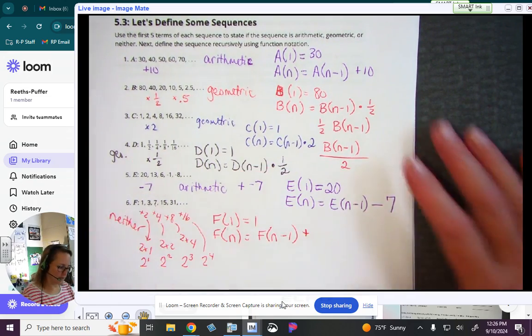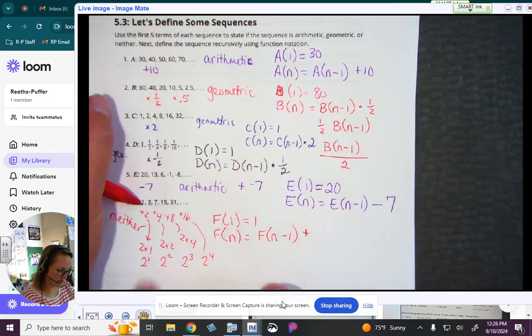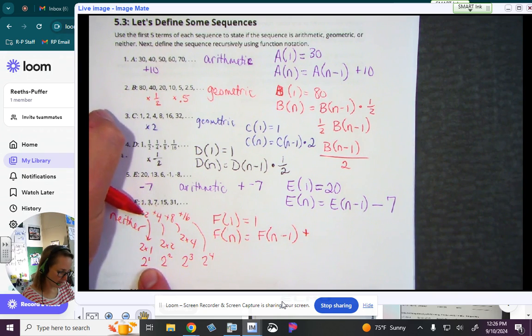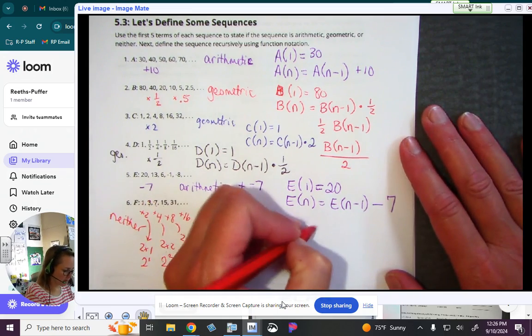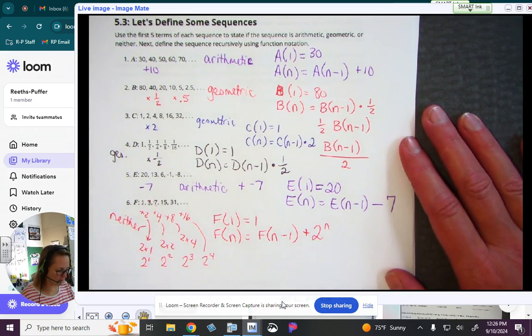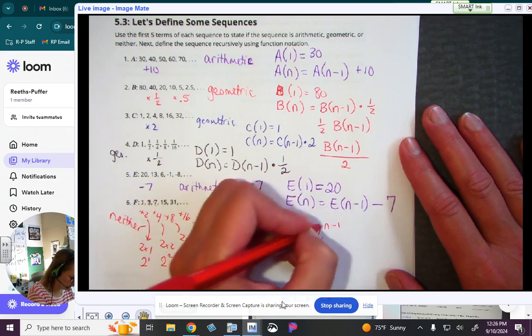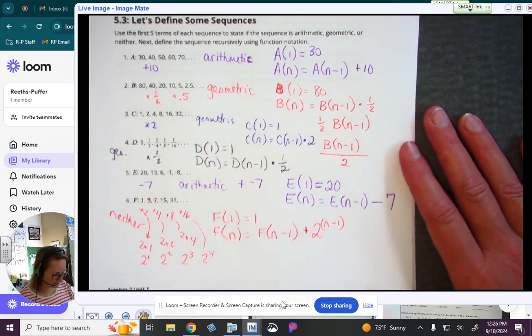So here's the first term, 2 to the 1st is what it adds to get to the second term. From the second term, we add 2 to that second power to get to the third term. So we're adding 2 to the n minus 1 power.